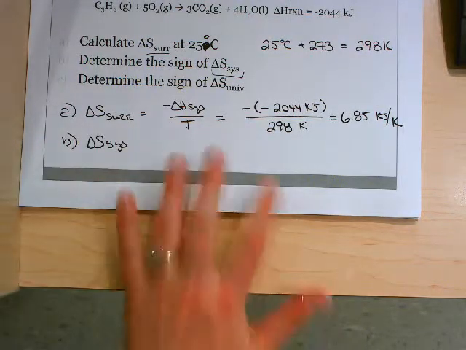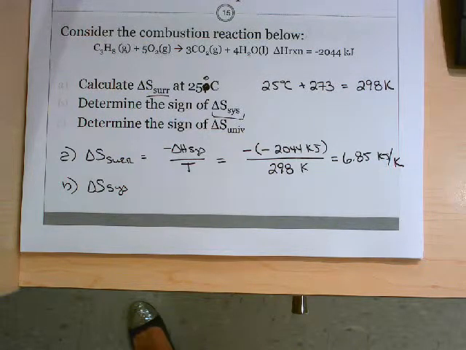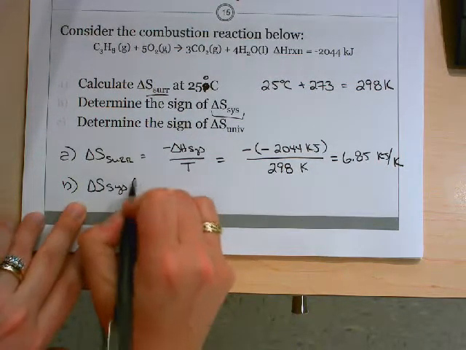What is the system in this case? If you're picturing in your head how to figure out what the system is versus the surroundings, it's the reaction. The reaction itself is the system.